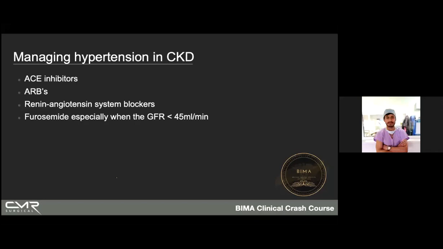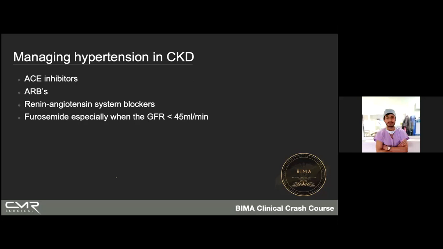Naturally, you would have someone on an ACE inhibitor, once again, any drug ending in pril, and then you'd also have an ARB going alongside it. These days, they don't tend to make combinations of ACE inhibitors and ARBs. They're usually separate, so you'd have to have 2 different tablets.